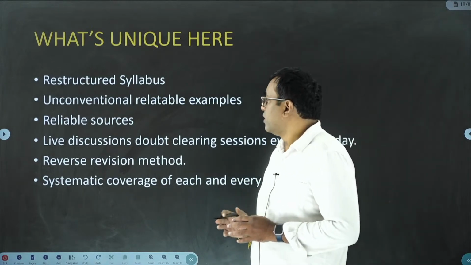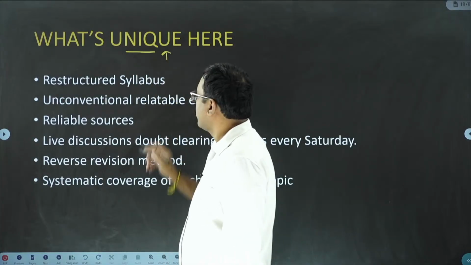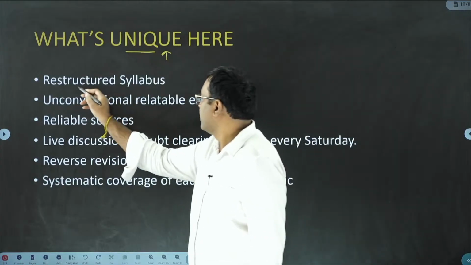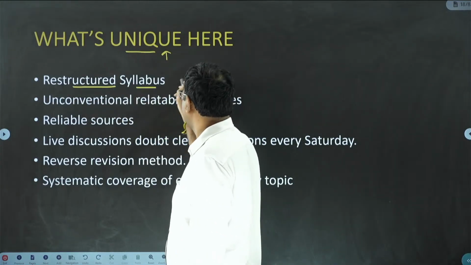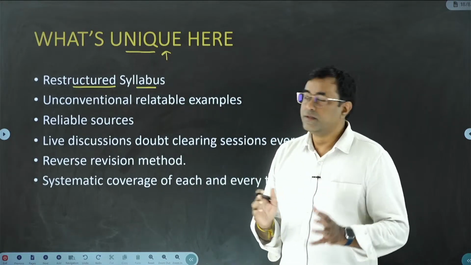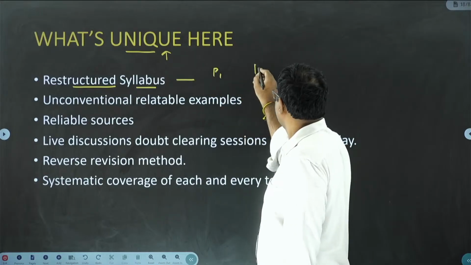At the same time, what is unique which we are providing? With respect to the subject, we will restructure it as per the requirement and understanding of the students. For example, we have paper 1 and paper 2.